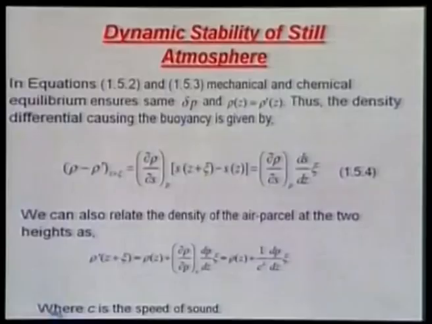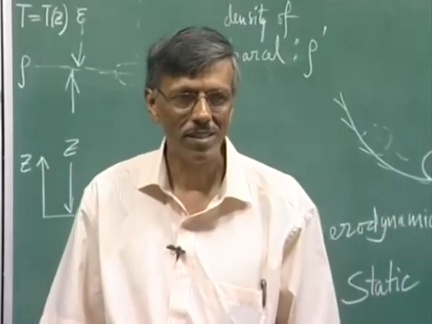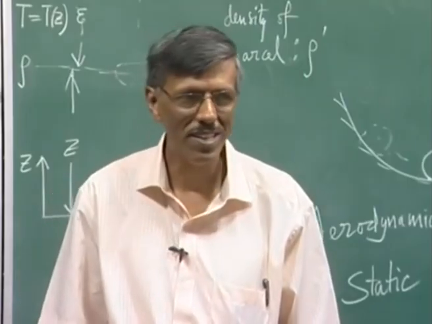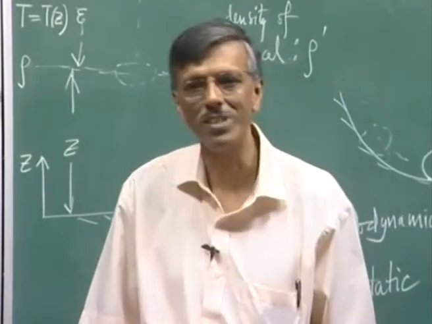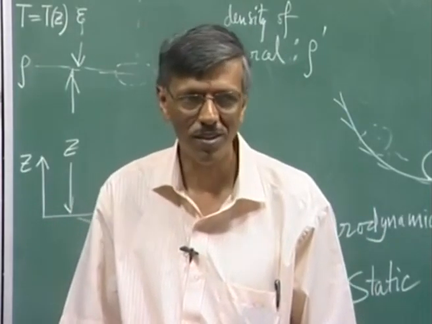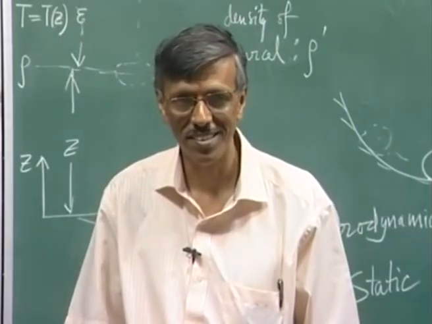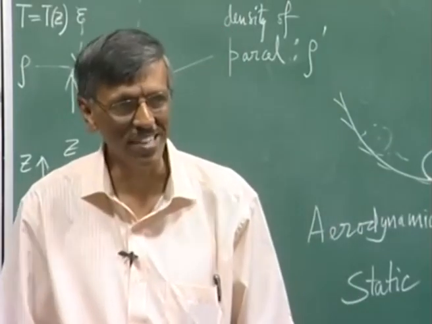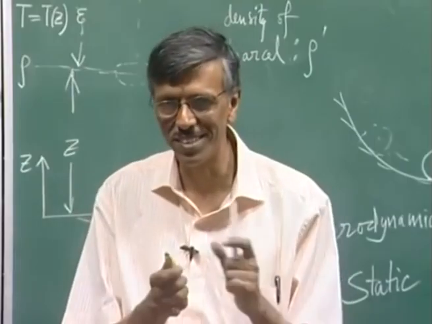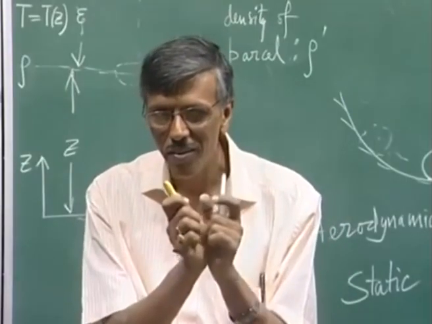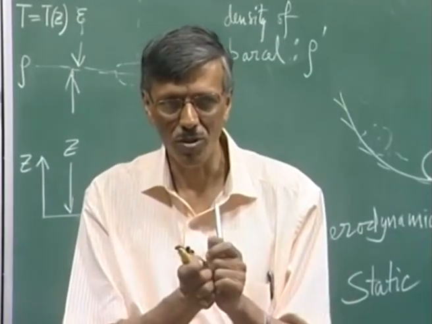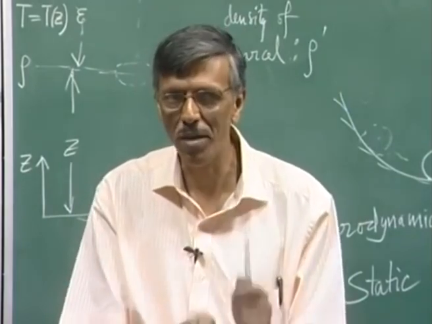So, that is what we are doing at the displaced position. What is rho minus rho prime? That is given by this, the way the entropy changes with height for the ambient air, because that is what we are trying to study. We are not interested in studying a process, we are trying to study the substance.